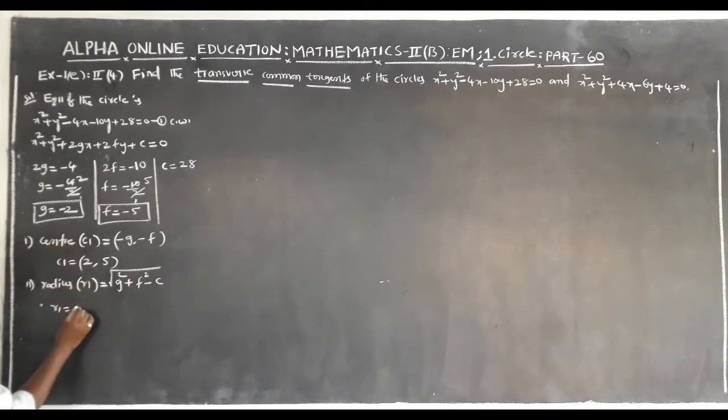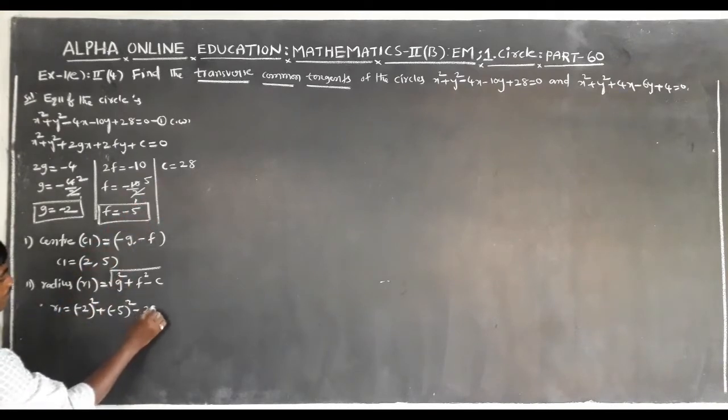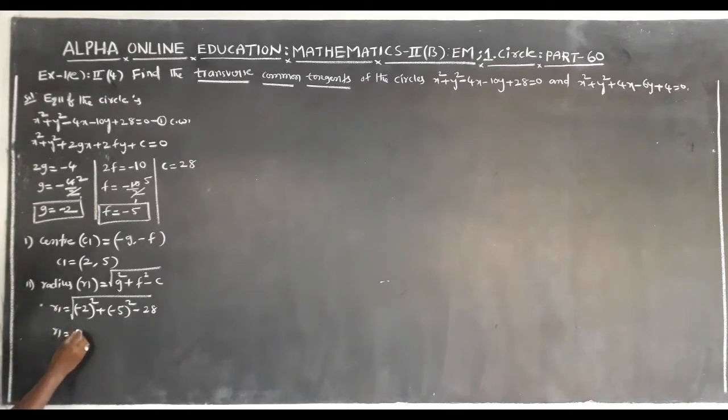R1 is equal to the root of (−2)² + (−5)² − 28, which is 4 + 25 − 28. 29 minus 28 is 1.